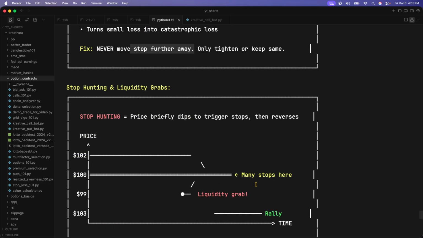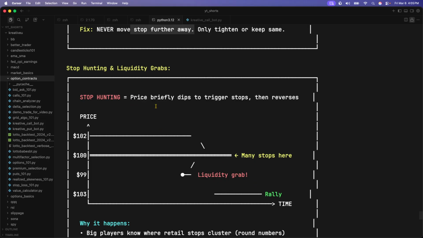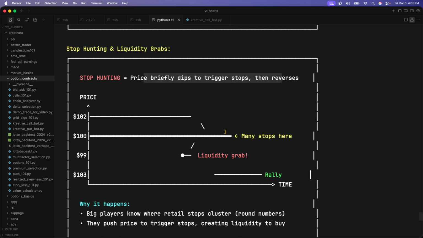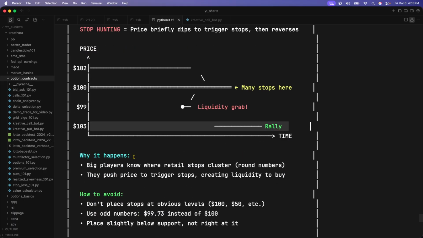Stop hunting and liquidity gaps. Stop hunting is when price briefly dips to trigger stops, then reverses. Many stops are placed at the 100 liquidity gap. So this is almost a sweep, a liquidity sweep. Then we have a rally to 103. Why does it happen?